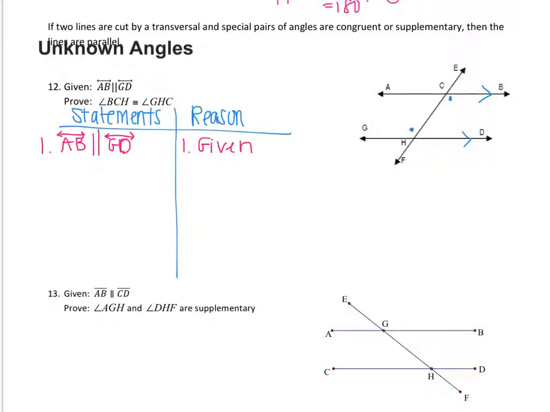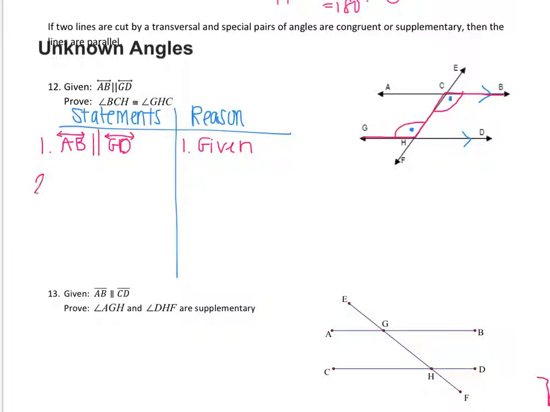Now I'm looking at this picture and I notice that angle BCH and angle CHG form a backward Z. And we talked in previous videos about Z's and backward Z's. They show you that you have these things called alternate interior angles. And we know from above that alternate interior angles are congruent if lines are parallel.